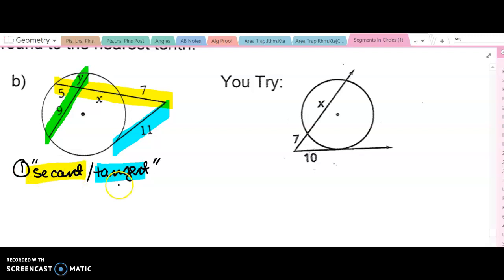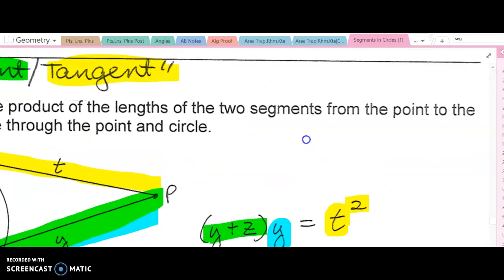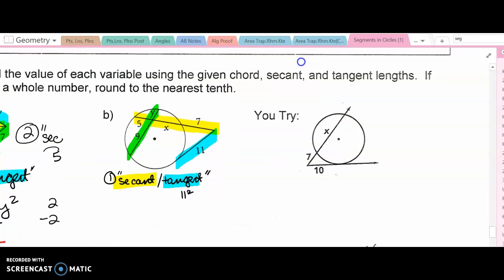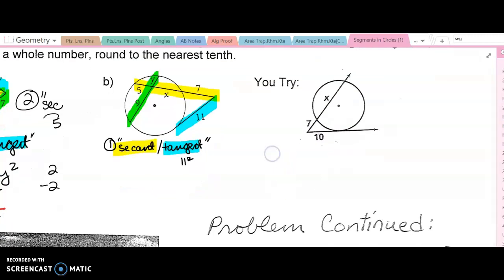So the tangent part we square, that's the formula up here: the one that's touching the circle squared, t squared, is equal to the part outside the circle times the whole yellow secant, which is 7 plus 5 plus x.